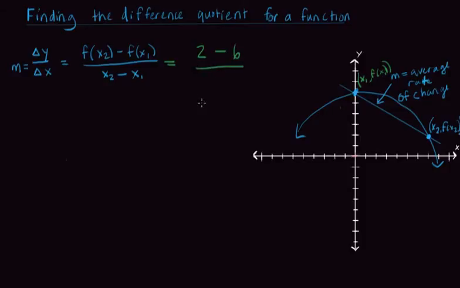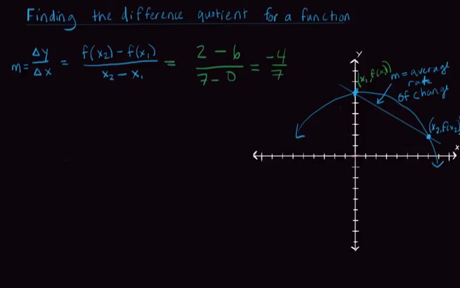Minus 6, over x2, which is 1, 2, 3, 4, 5, 6, 7, minus x1, which is just 0. So it's going to be negative 4 over 7. So in this case, the slope of this line is negative 4 over 7, and this is the average rate of change between these 2 points.